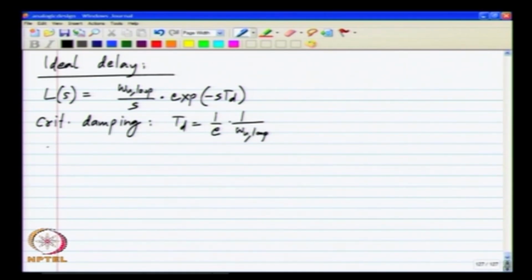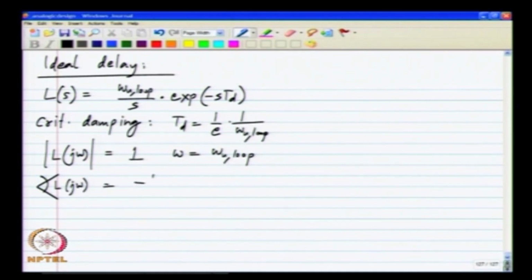Now, we see that the magnitude of L of j omega is 1 for omega equals omega u loop. In this case, it is exact, because the magnitude of the second part of the function here is unity. Okay. And the angle of L will be minus pi by 2 due to the integrator, minus omega T d, okay, and omega times T d is nothing but 1 by e.